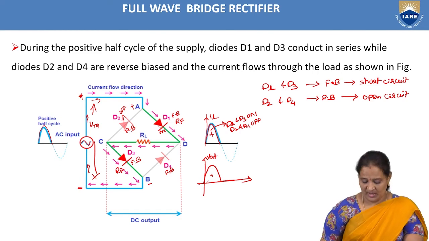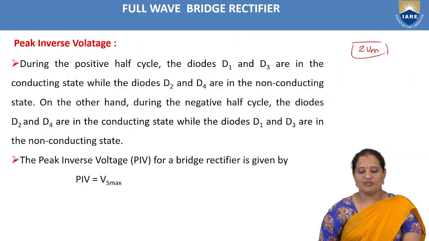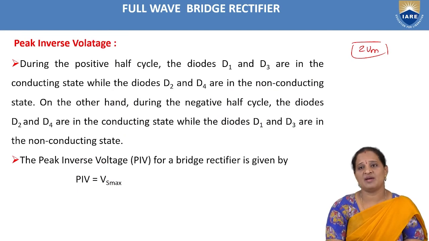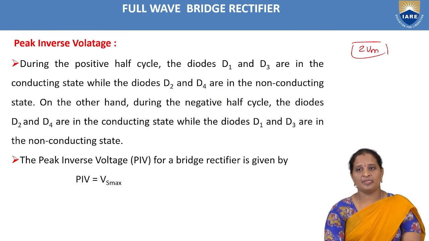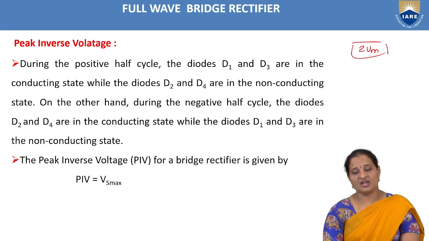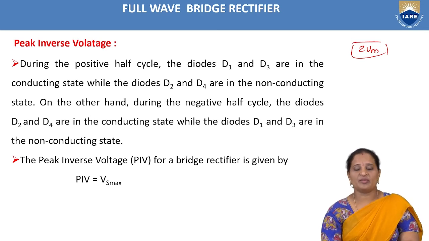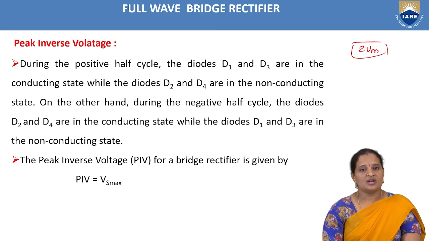That means the peak inverse voltage rating will be the same as the half wave rectifier, as we don't have any center tapping at the secondary winding. The voltage is not getting divided into equal parts. So we get Vm volts at the secondary winding, which is only dropped across the diodes which are reverse biased.